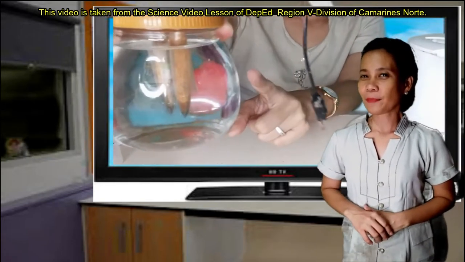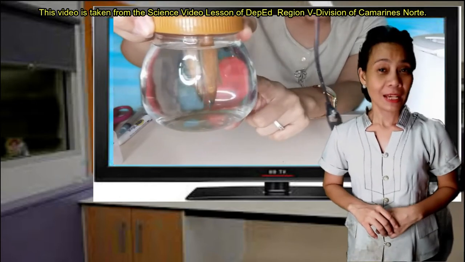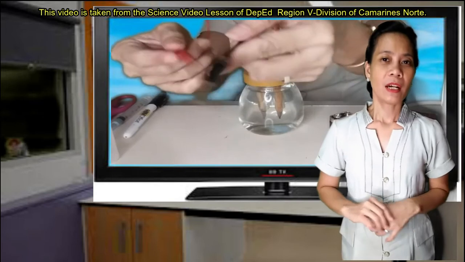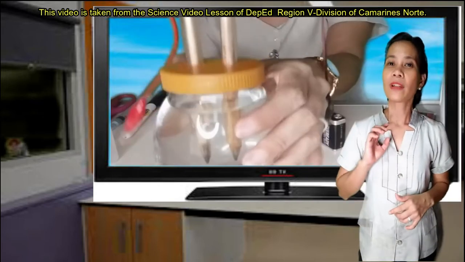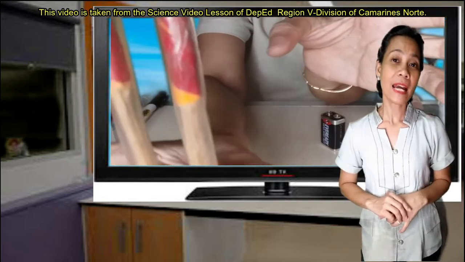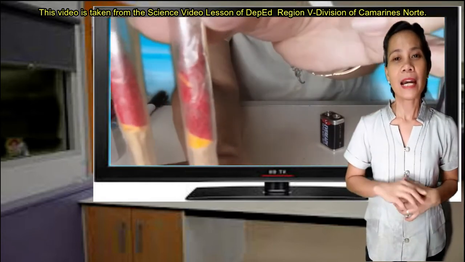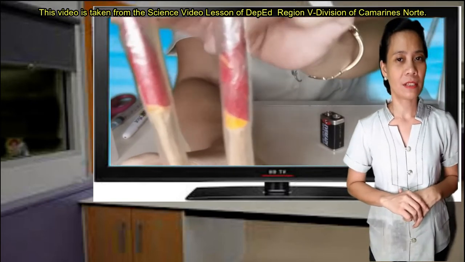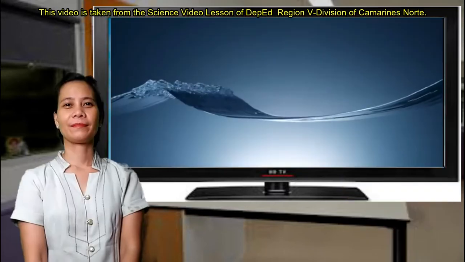This device is made from a transparent glass jar. It has 2 alligator clips, pencils, because the graphite inside the pencils serves as the electrode, and it has transparent hoses that serve as the collecting vessels.